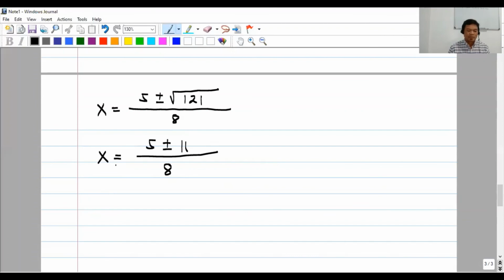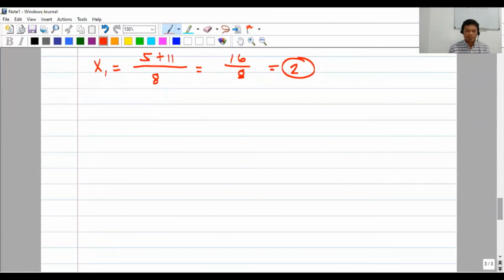So taking our first value, the plus and minus, we have x sub 1. Taking the positive value, we have 5 plus 11 over 8 is equal to 16 over 8 equals 2. And that is our x sub 1.